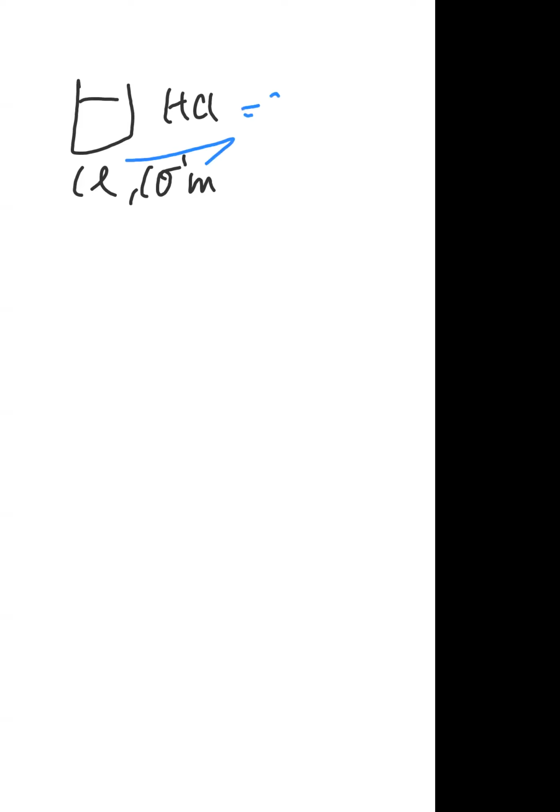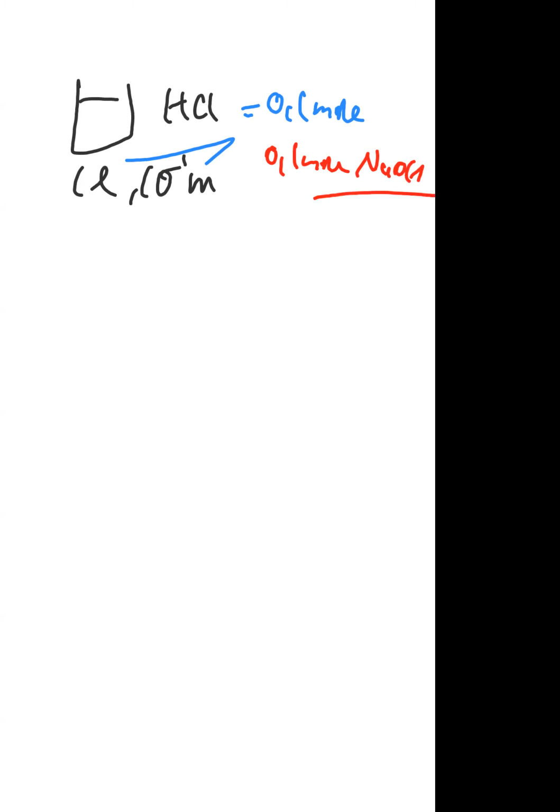For example, let's say we have 1 liter of 0.1 molar HCl, which is simply by multiplying those two, 0.1 mole of HCl. And this one requires 0.1 mole of, let's say, sodium hydroxide to neutralize, as we talked in previous lectures.